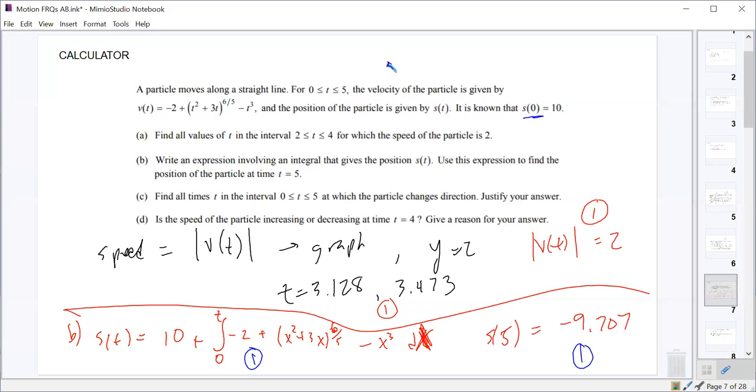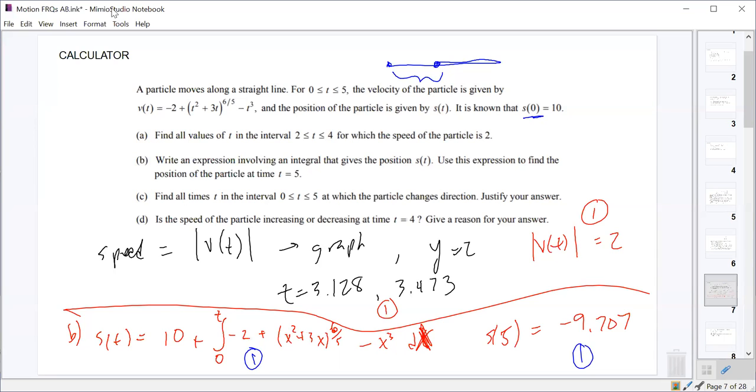So displacement tells me, okay, I started here, I went to here and back to here. My displacement is this. My total distance traveled is all of this plus this. That's the absolute value of velocity's integral. That's the total distance traveled. But the displacement, which tells you a position, is just the integral of the velocity, not the speed. Does that make sense?